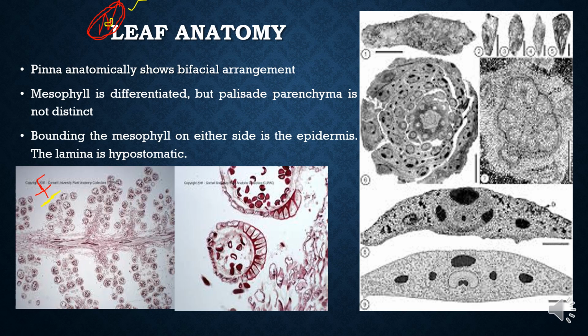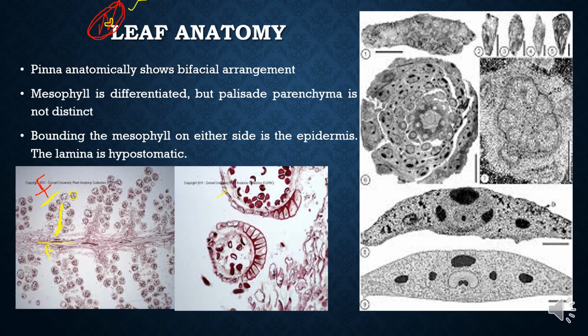But this is the sporangia bearing leaf, where we see the individual sporangia borne on the rachis. This is the main rib, and these are the side ribs on which the sporangia are borne.